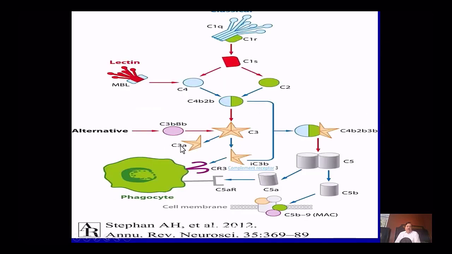Here the C3 has the capability to attach to C4b and C2b, but it also has the capability to deposit on the cell membrane. When it is deposited on the cell membrane, this cell is exposed to the CR3, complement receptor 3 protein.